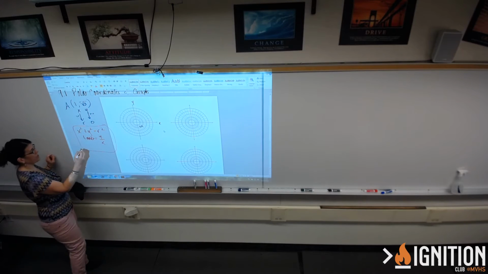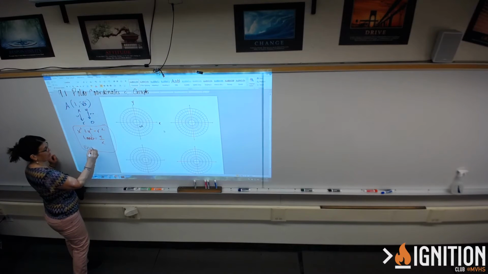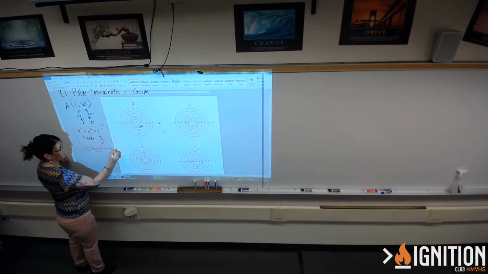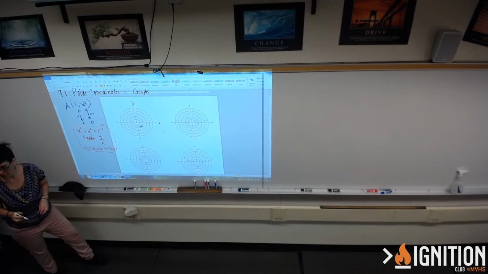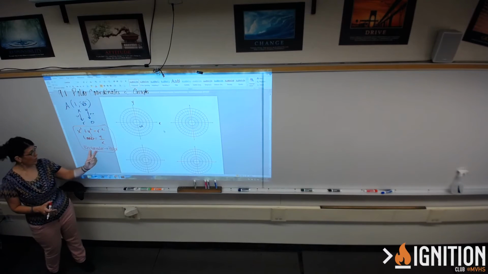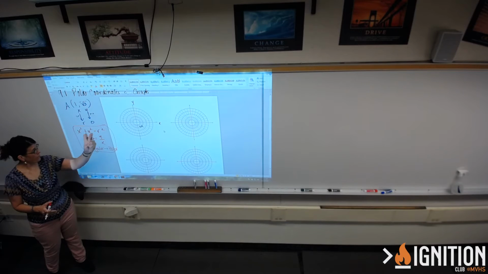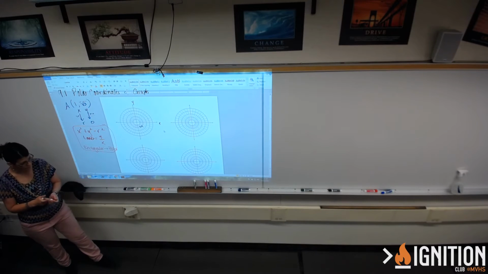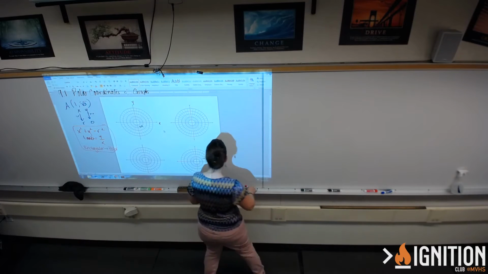So this is how you're going to convert from rectangular to polar. Rectangular, you know x and y. Plug in for x and y, and you can convert. So, plug and chug. What's x, what's y? Hopefully I did the tangent correctly.